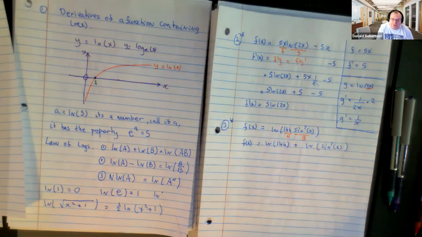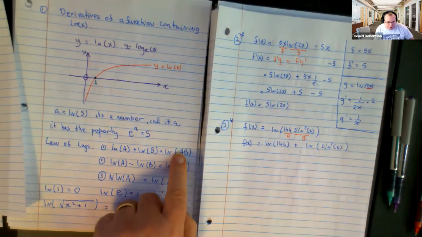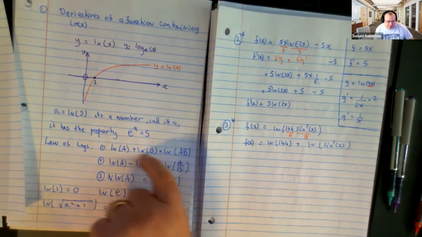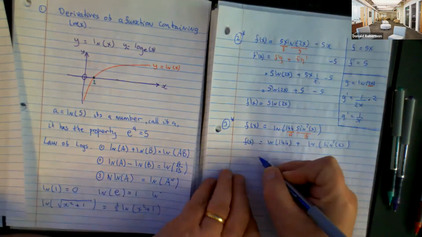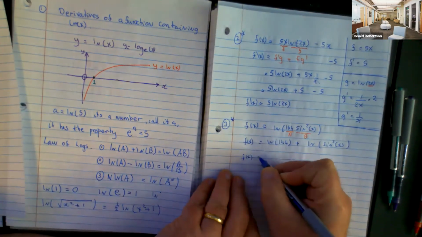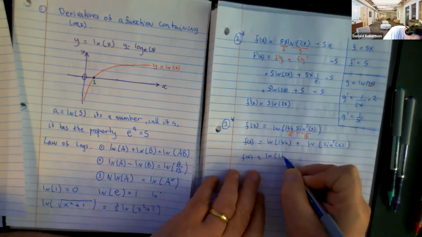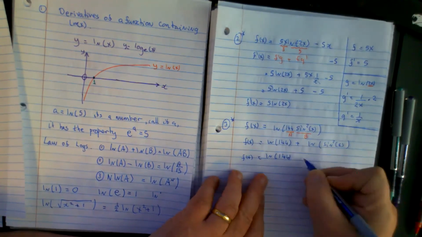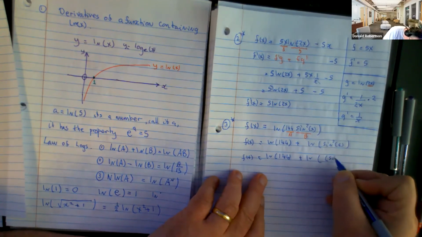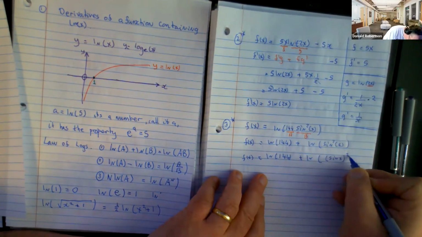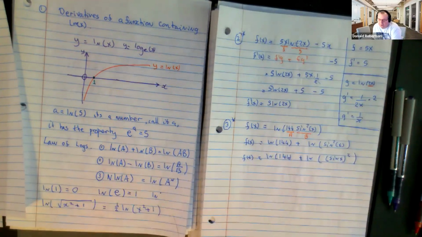Are you comfortable with that line? I'm using this rule here in that direction, left to right. And I'm going to rewrite the natural log of sine squared in a little bit more precise form.